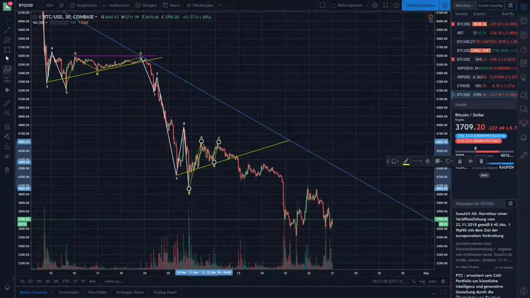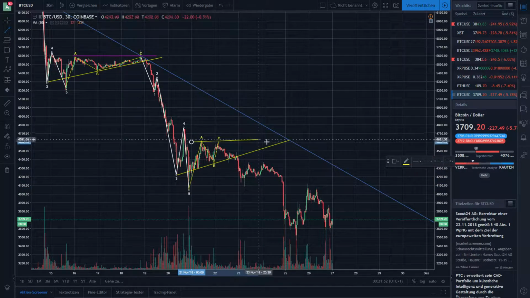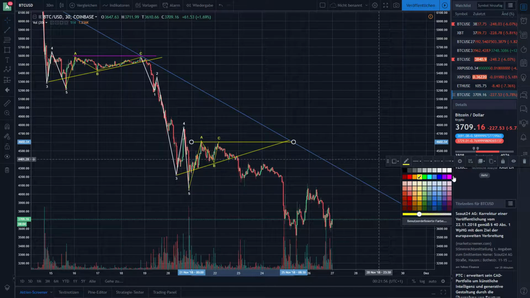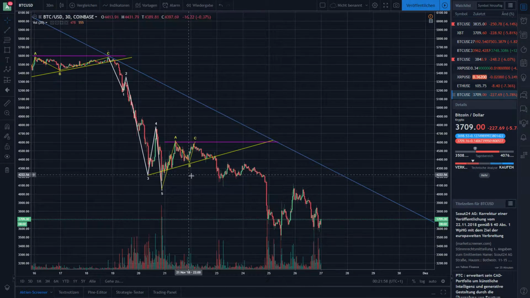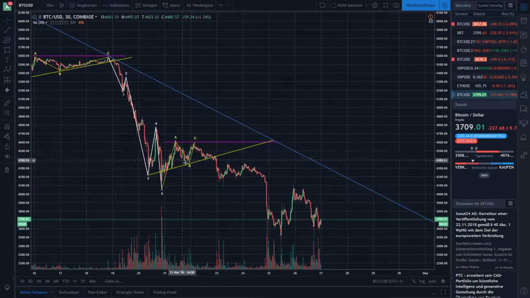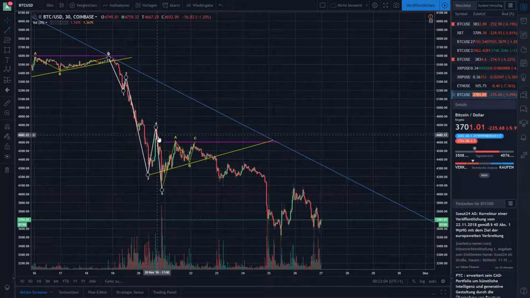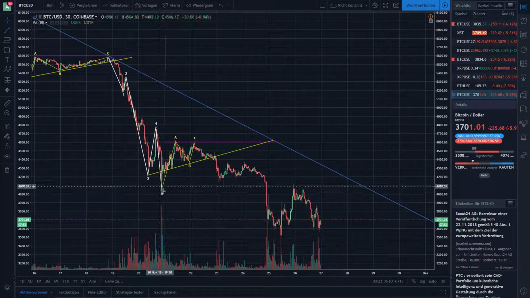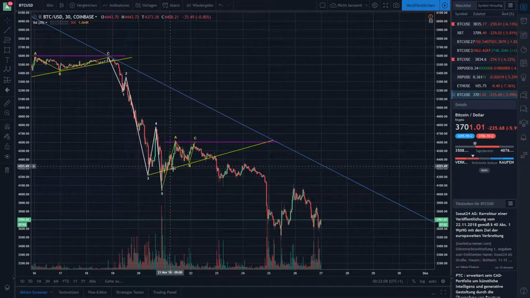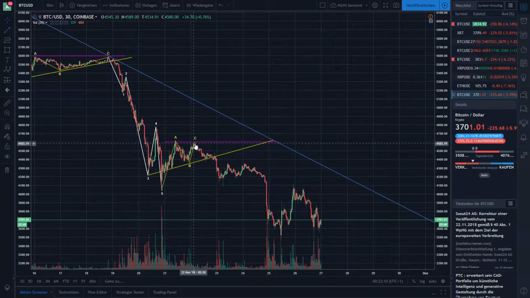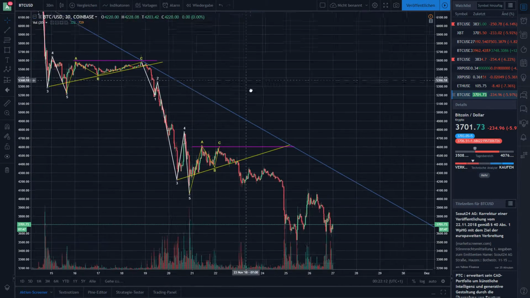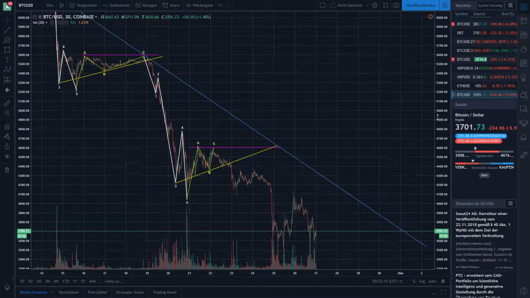And again, you see this resistance forming. And again, you see this rejection coming off this support line. Here, bam, rejection. Come down here. Here is a bear trap, but still, bam, rejection. Again, rejection. So that was our support line.